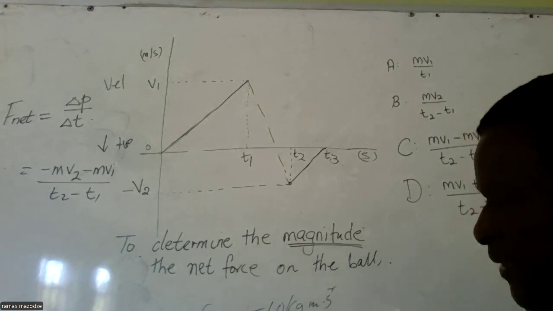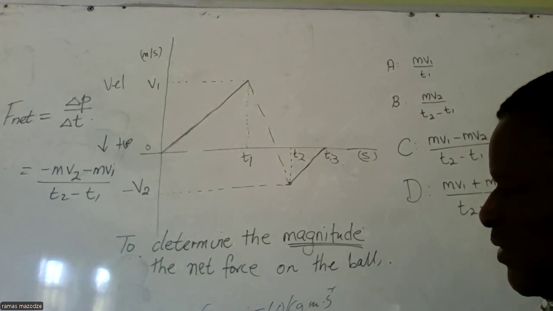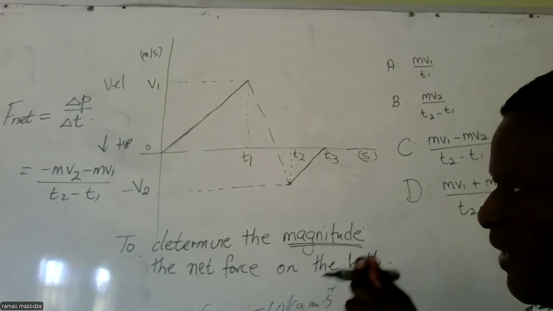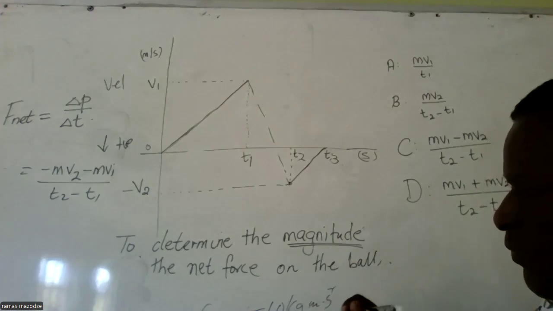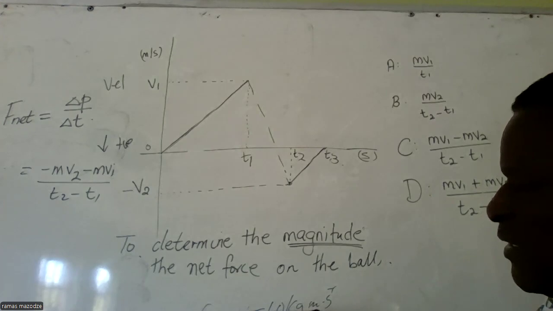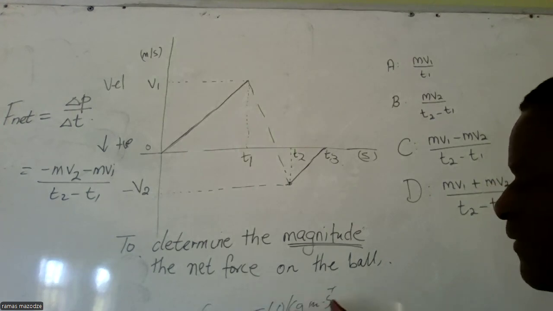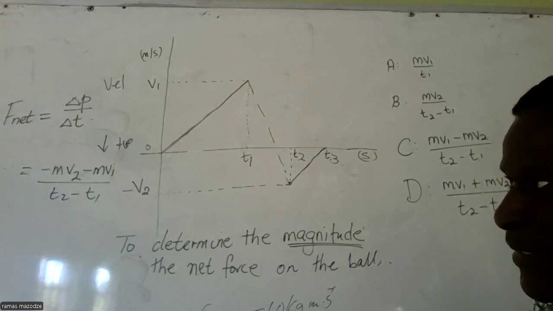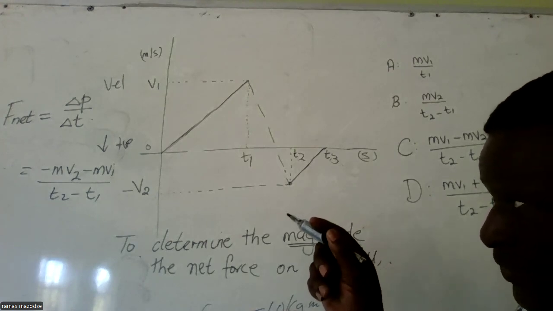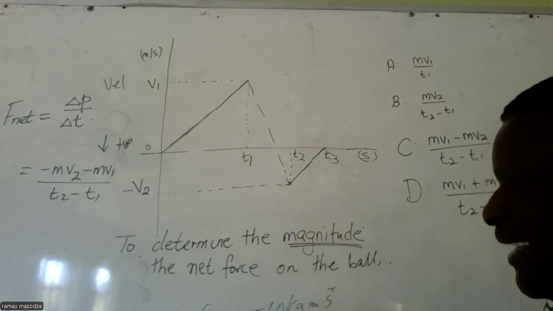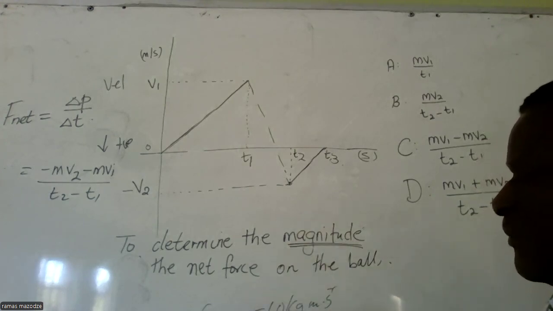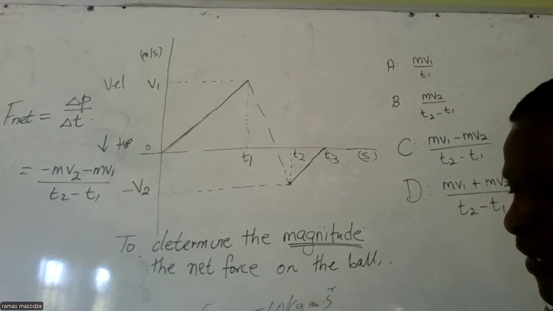If t2 minus t1 was 2 seconds, that would be negative 5 newtons, upwards. But they want the magnitude. So you would just ignore the direction and divide the 10 by the contact time. But that is not what you are going to do in a multiple choice question. You have to do it mathematically, not just say I ignore the direction and take the magnitude.